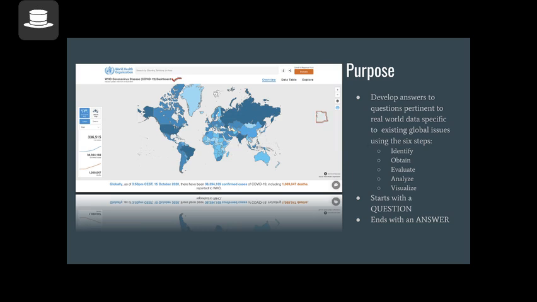Then once you identify the data set, the next step is to actually obtain it. In other words, get the actual data set, access the data set. Now, how do you access the data set? Well, it changes from question to question. Some data is readily available online where you can directly download the data and then do your magic.